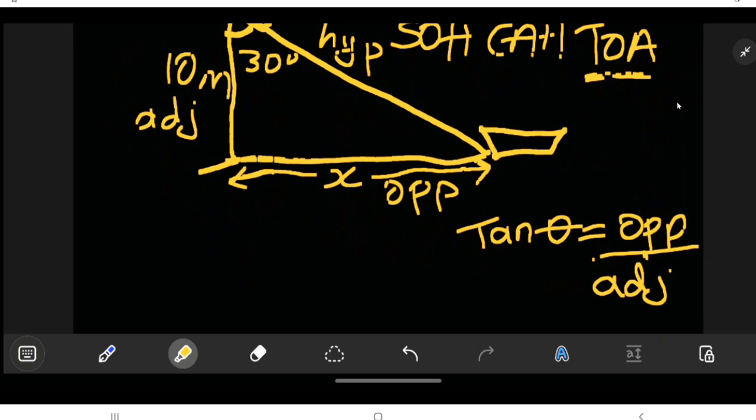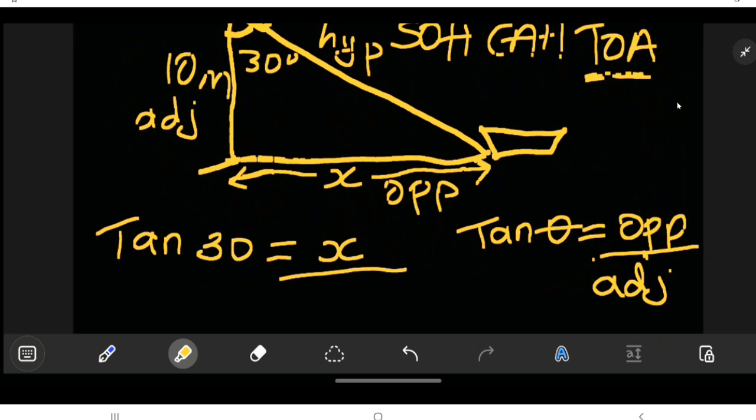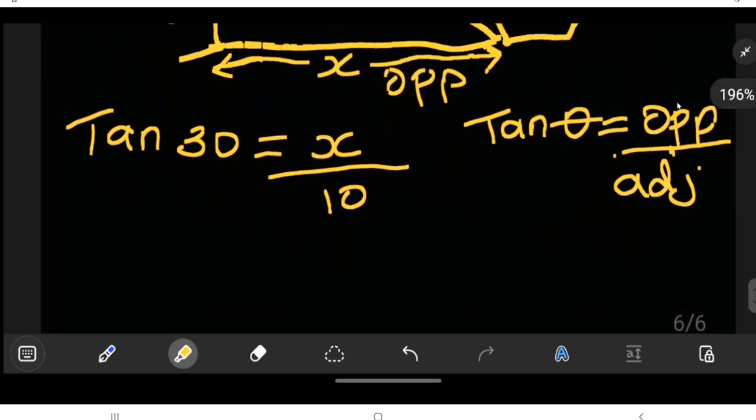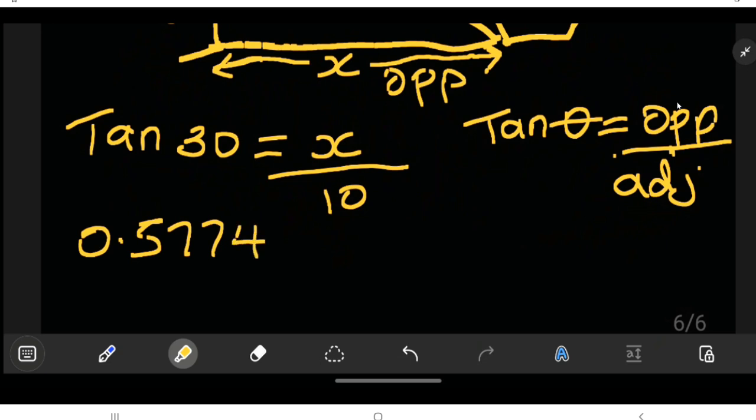So our tan theta here is tan 30, which equals the opposite, which is x, over the adjacent, which is 10. Tan 30 is 0.5774, equals x over 10.